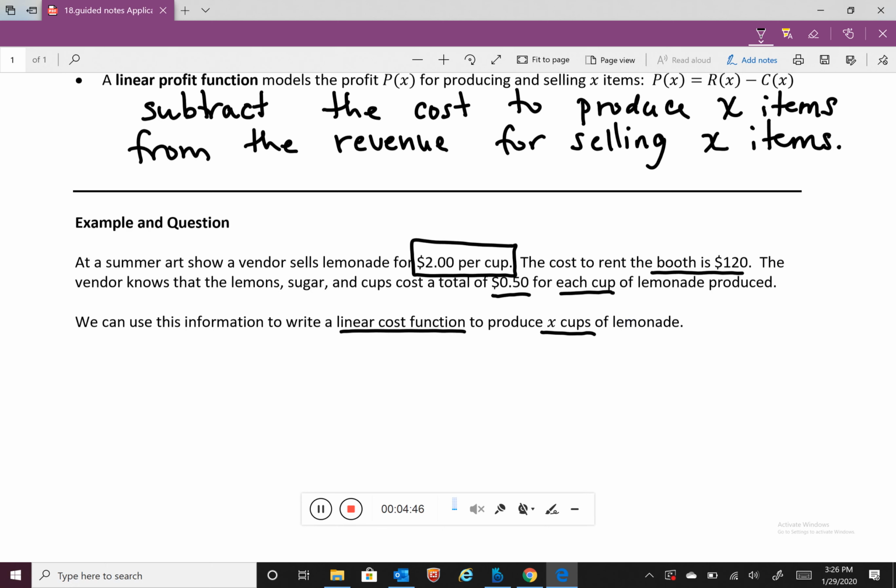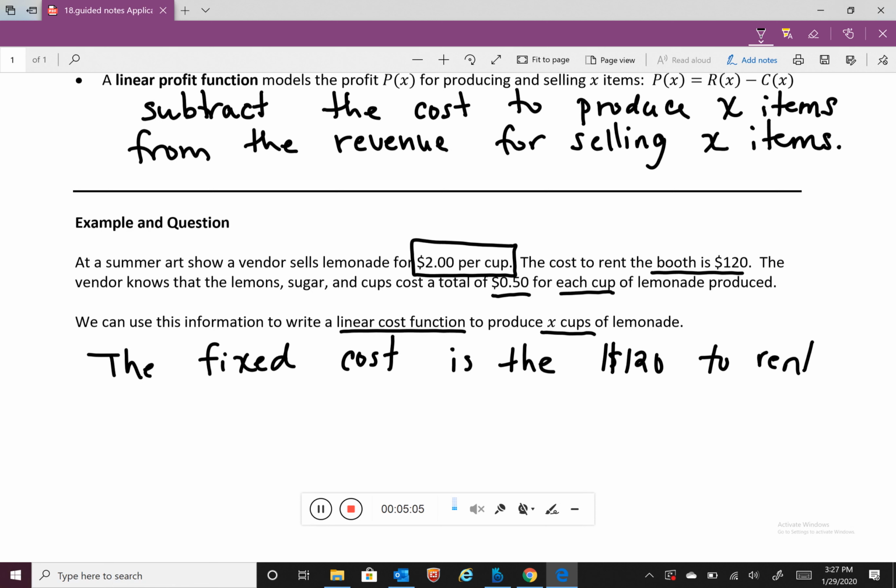And so the fixed cost is the thing that doesn't change no matter how much lemonade I make or sell. The fixed cost is the $120 to rent the booth. It's going to cost him $120 whether he or she sells any lemonade at all.